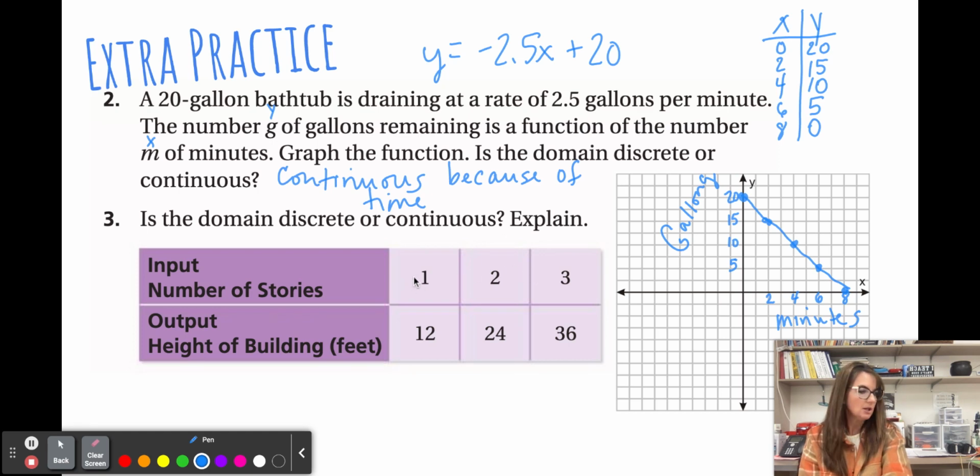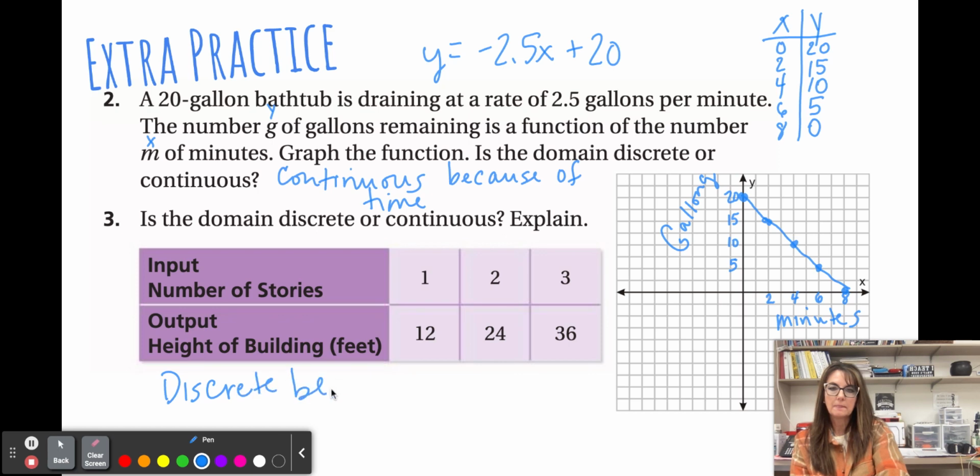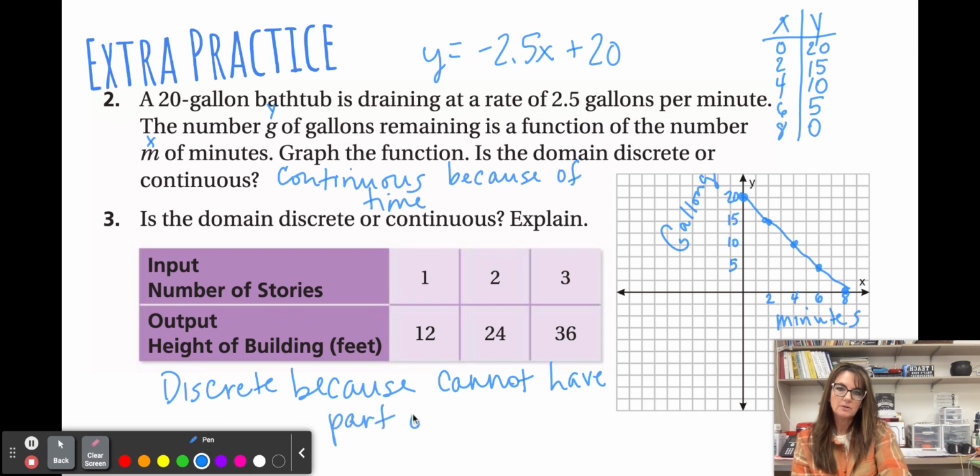We look at these stories or floors in a building to be discrete, because you can't have part of a story. You couldn't be halfway through that, it doesn't make sense. So we could say that it is discrete because you cannot have part of a story in a building.